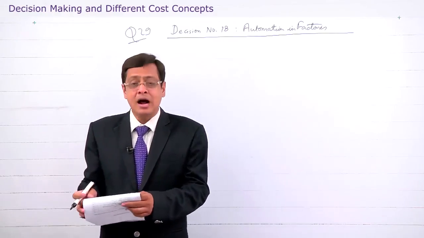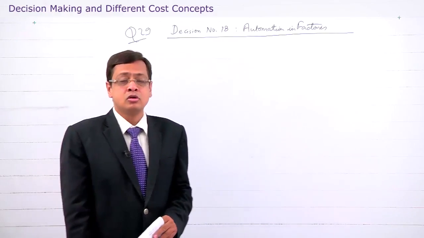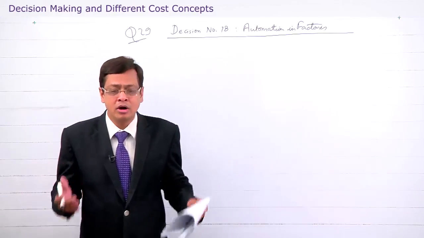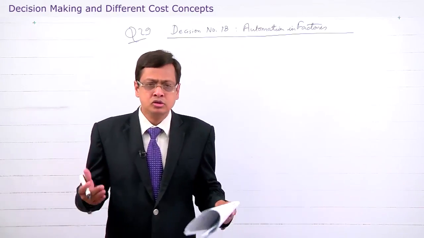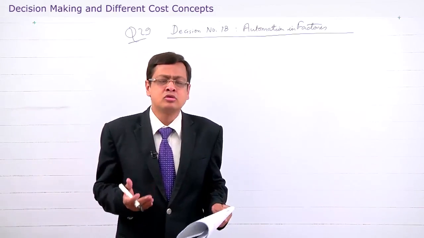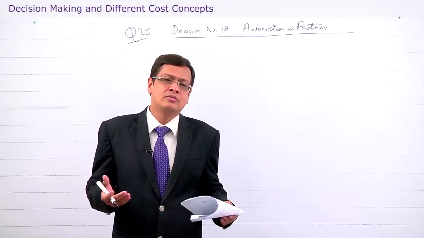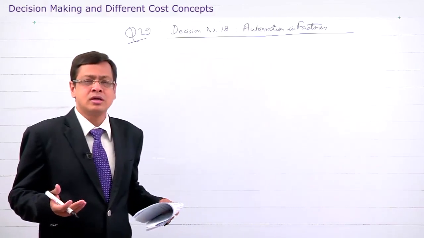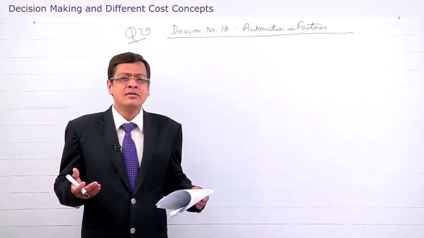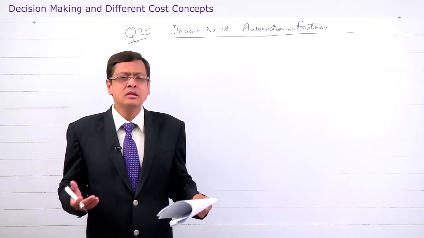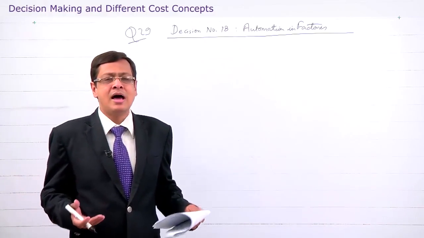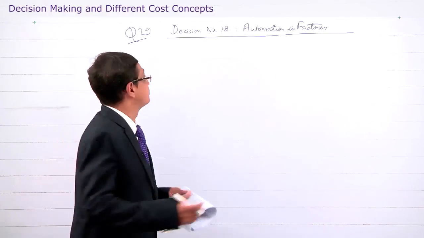Again, we will start with working note. Friends, working note is the important part of the solution. You are marked on it. So working note should be either a starting point or the end point of the solution. So let's do the solution with me regarding evaluating this proposal, which is the automation decision by high-tech industries.